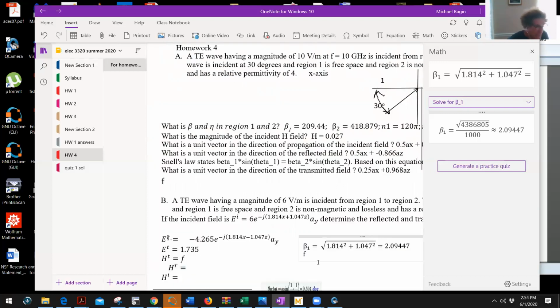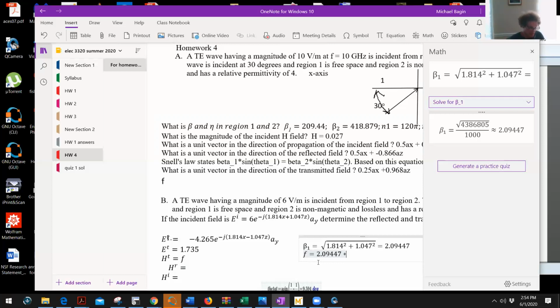I can say that F would be equal to beta 1. Matter of fact, let me just put this 2.09447 there. It's beta 1, right, divided by, no, I'm sorry. It would be times C. Let me restate that. Beta times C divided by 2 pi.